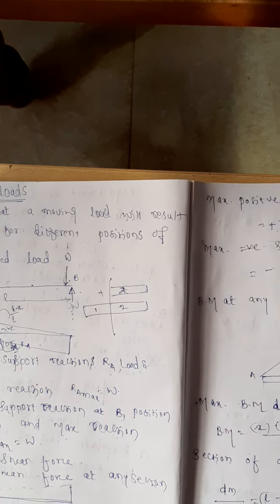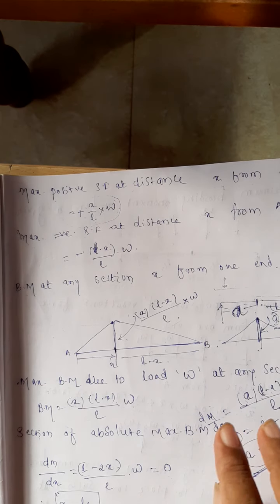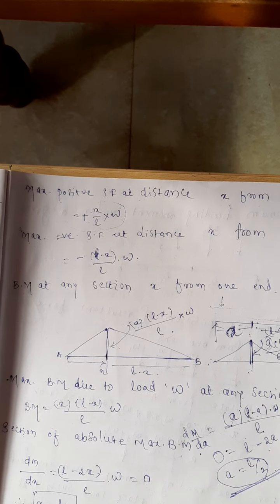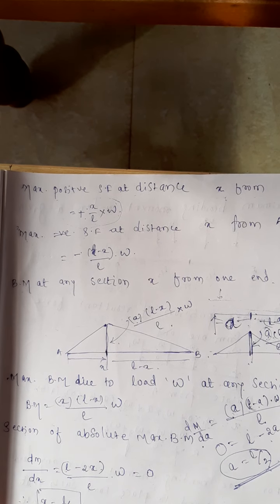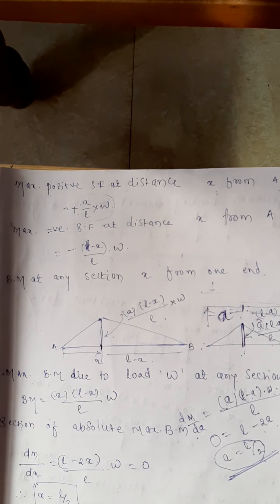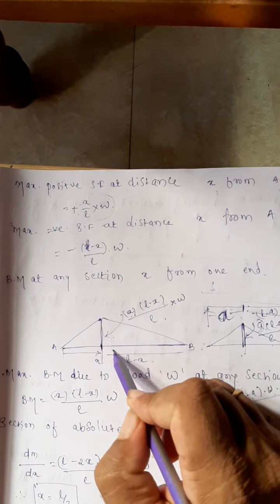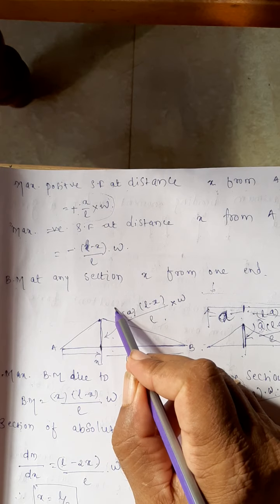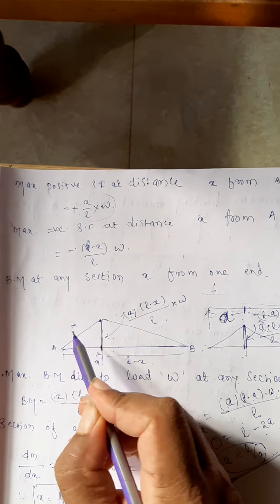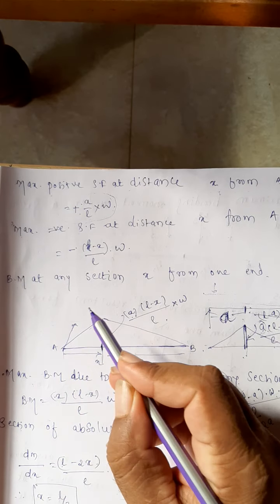Is it all right? Then the important finding is, at what section, as a single unit load is moving over the span, does it give us the maximum bending moment. The indirect meaning of this one is, if I draw the bending moment diagram for x equal to something less than, say, a, that time it will appear like this.